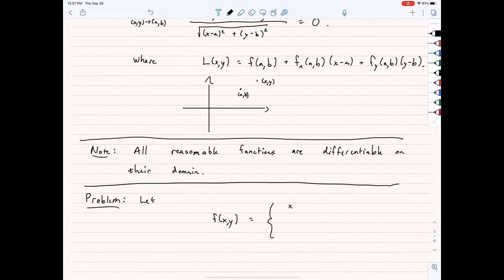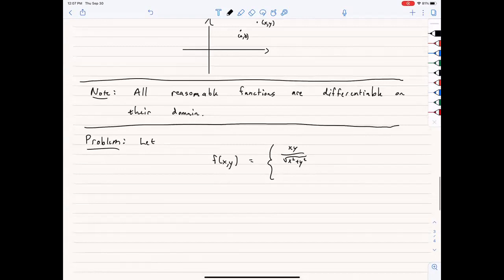So let me define the following function. Sorry, I need to make this a little more clear. It's xy over the square root of x squared plus y squared, so long as (x, y) is not at the origin. Then at the origin, I'll just take it to be 0.